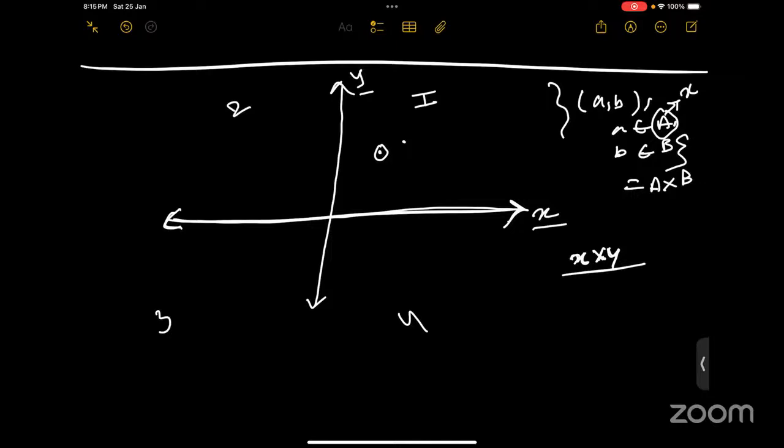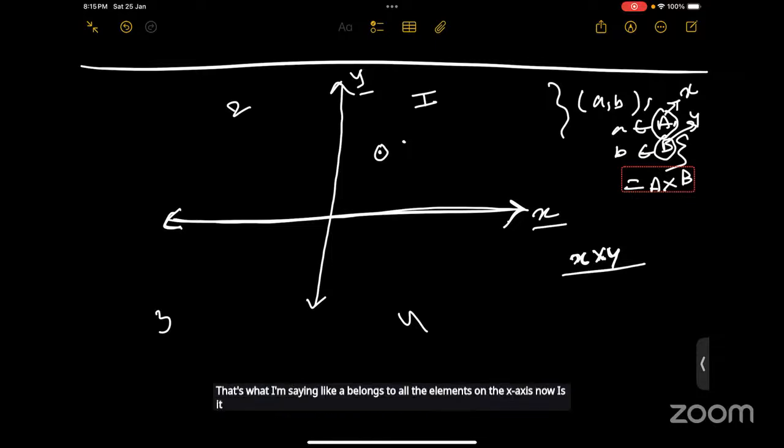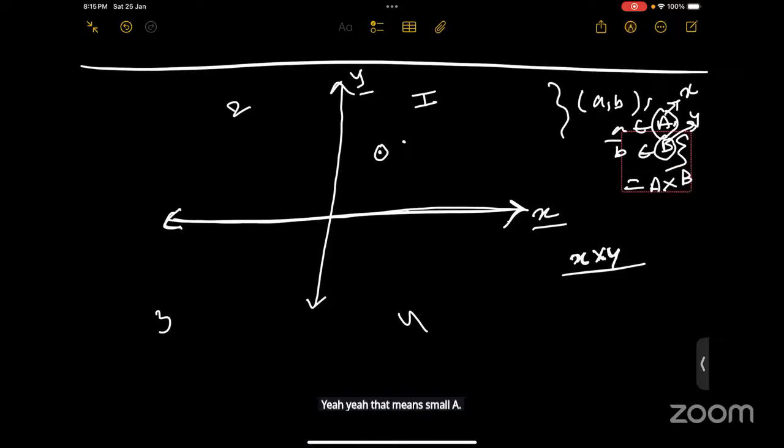And the capital B you can consider as y. Like, A belongs to all the elements on the x-axis, right? That means small a, the first coordinate. Yes, ma'am. Okay, can you explain?